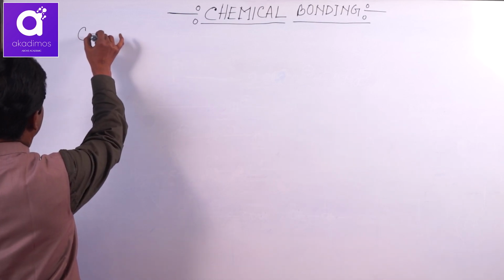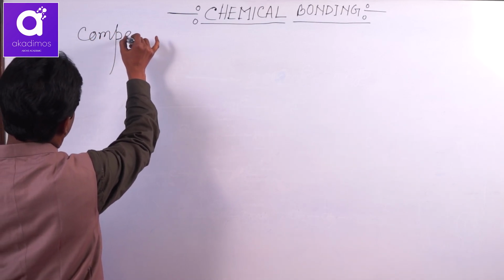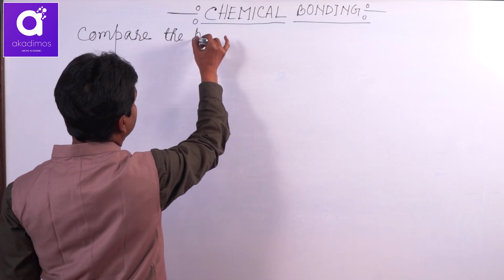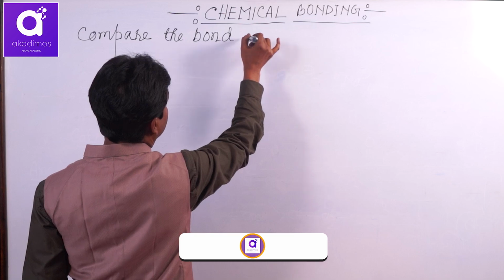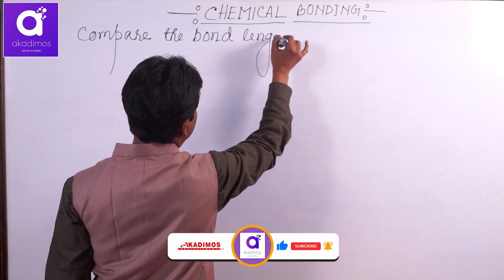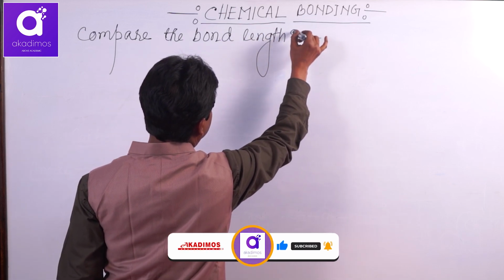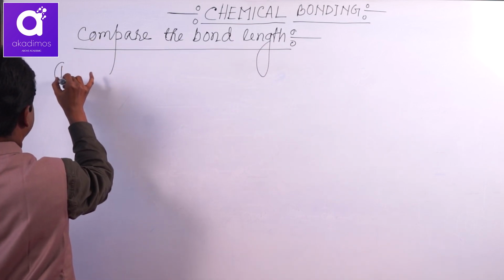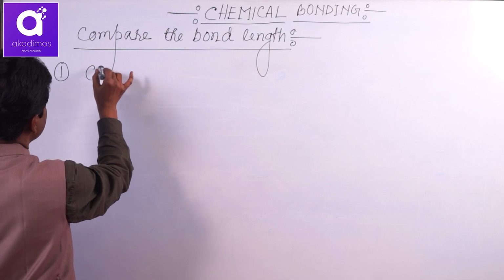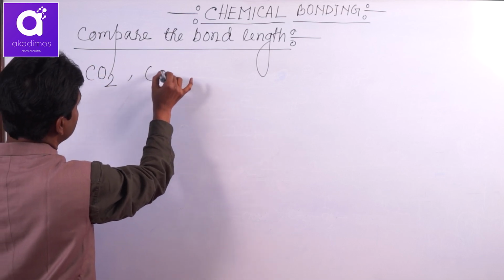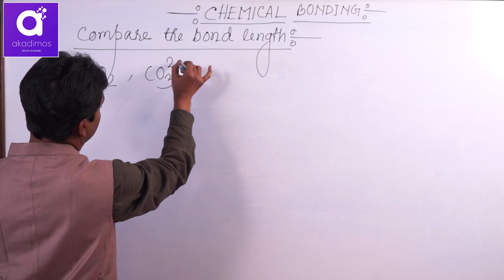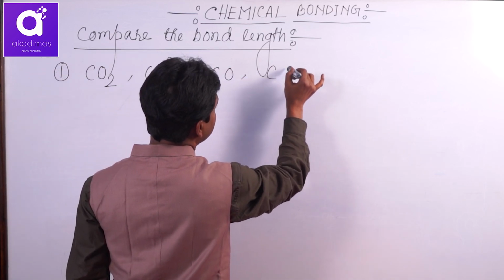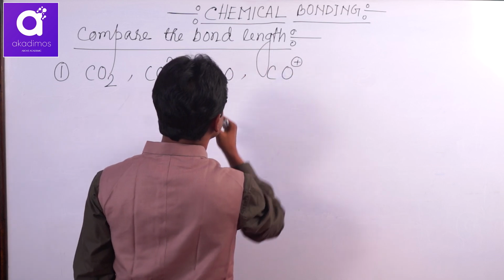Compare the different bond lengths. First, I am taking the example CO2, CO3 2 minus, that is carbonate, CO carbon monoxide, and CO plus, it is a radical.